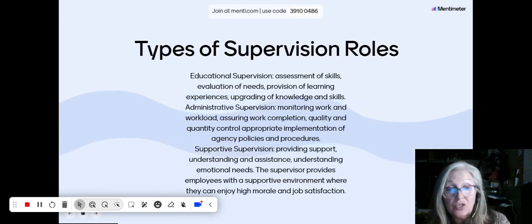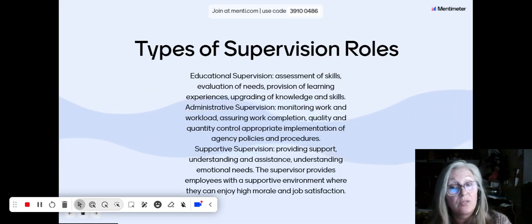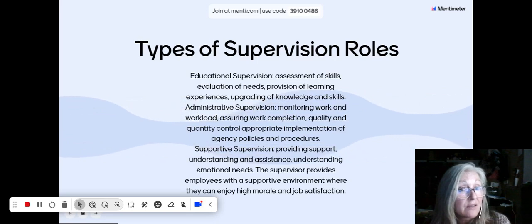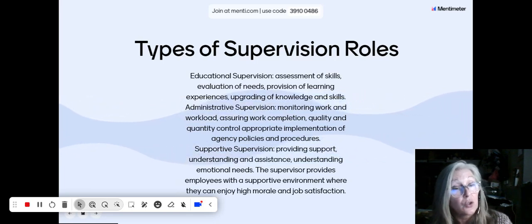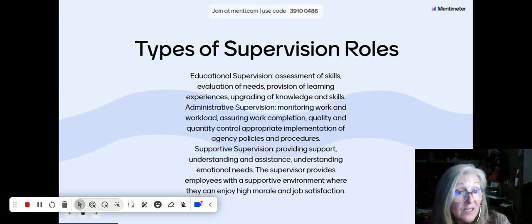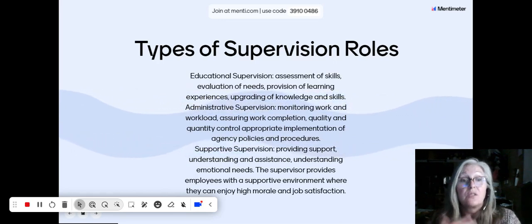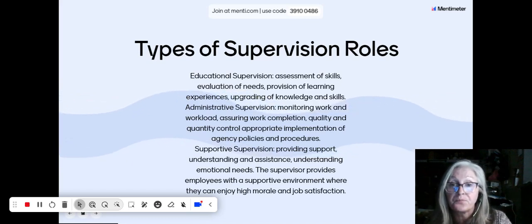So this applies to you in multiple ways, and you need to know all the ins and outs of it, because you also have to decide, if you want to be a clinical supervisor, what kind you want to be and what you need to learn to grow into that role.